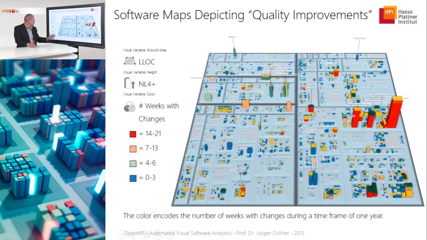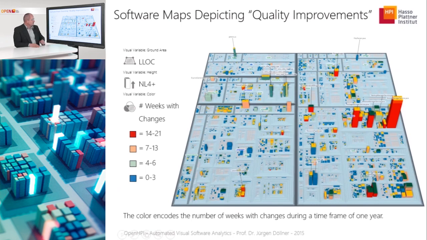For example, up to 21 weeks in this example. So we correlate a technical software quality metric, nesting level, and an evolution-centric metric, the number of weeks in which changes occur to the software system.